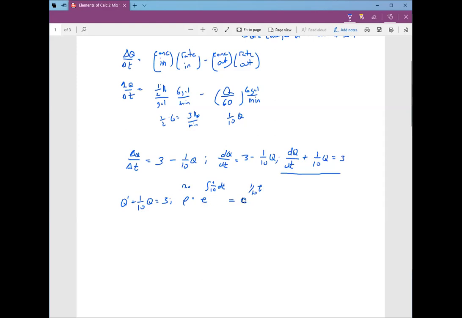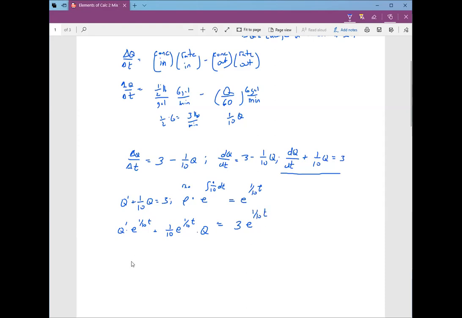Now remember, we have to multiply the integrating factor by every term in our equation. So we're going to have Q' times e to the 1/10 t plus 1/10 e to the 1/10 t times Q, equal to 3e to the 1/10 t.